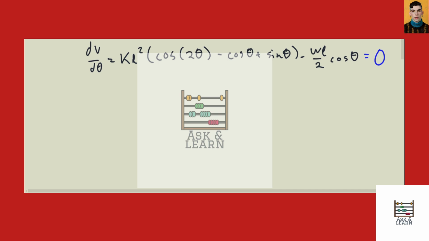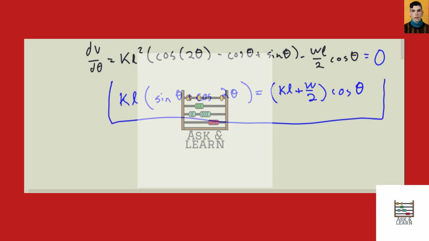We get a final equation in terms of K, L, W, and theta of KL times the quantity sine theta plus cosine 2 theta equals the constants in front of KL plus W over 2 times cosine theta. And that is our general equation for our system that is satisfied when it is in equilibrium.